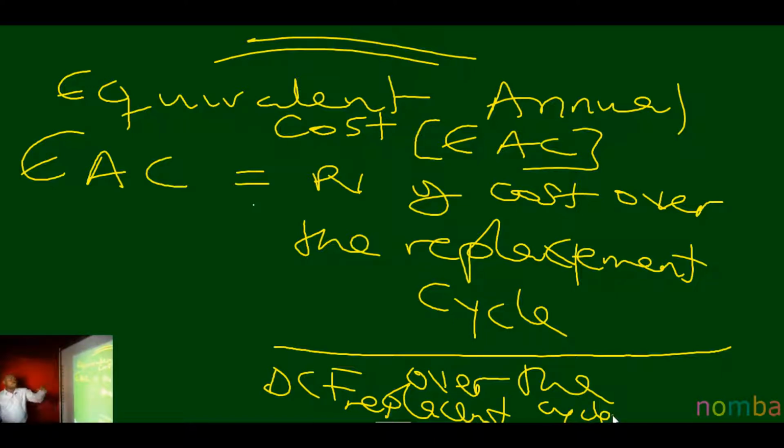Our equivalent annual cost is the present value of cost over the replacement cycle divided by the DCF or discount factor over the replacement cycle.